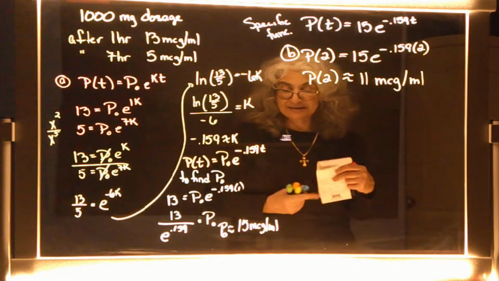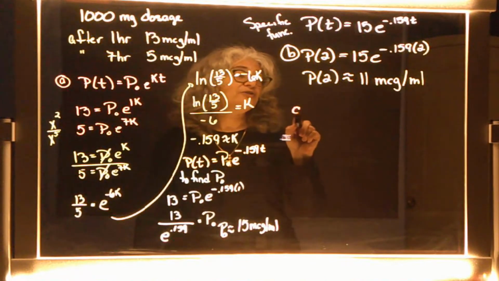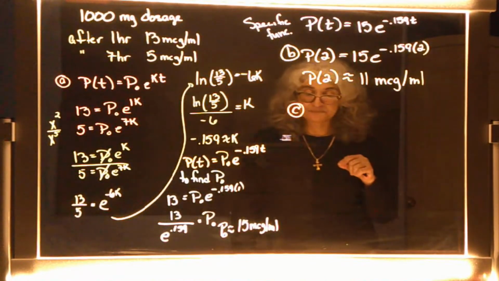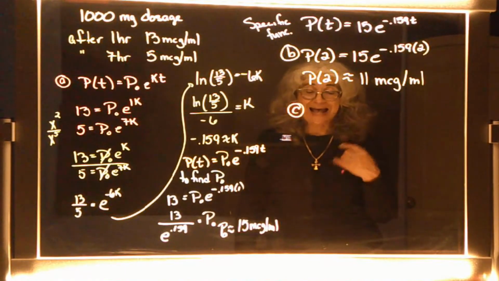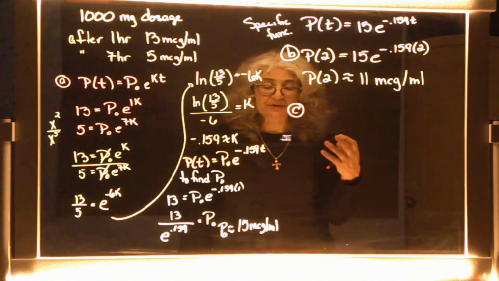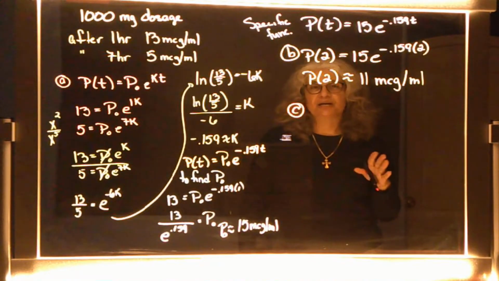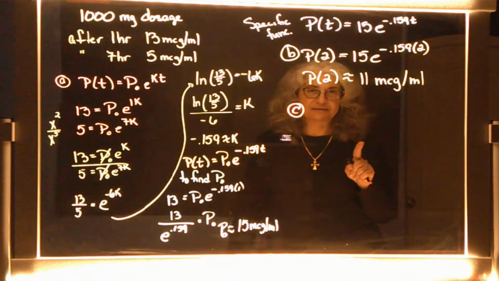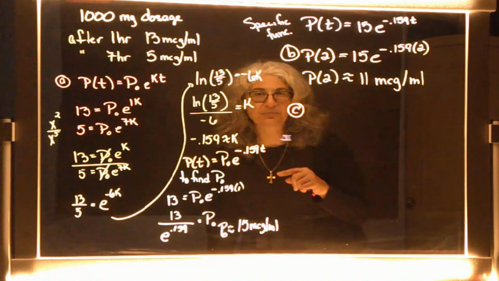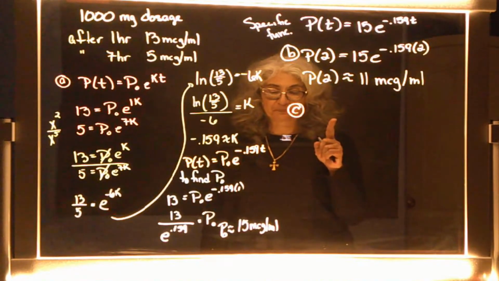Part C is asking, to relieve a fever, the concentration of the drug should go no lower than 5 milligrams per milliliter. After how many hours will the 1,000 milligram dosage drop to that level? Okay, so some of you are like, wait, don't we already have the answer? I agree. But they're not always this nice on part C. But let's still make sure you understand how to figure it out.